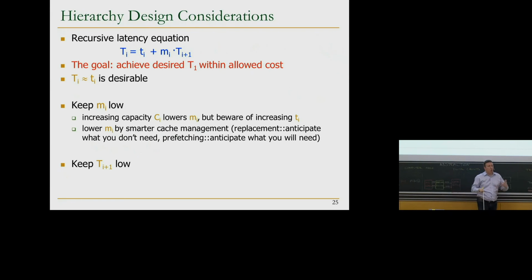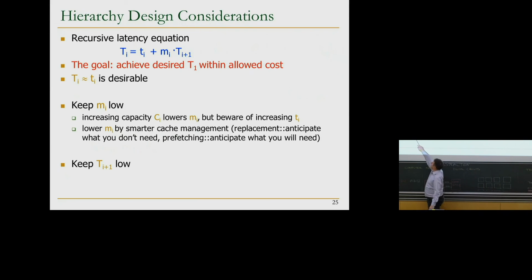So you can put more values into your cache, and you are very likely to find the data that you're looking for. Now, the problem is, if you make the capacity larger, your memory becomes larger, and because your memory becomes larger, the access time goes up. So you have to find a balance there.